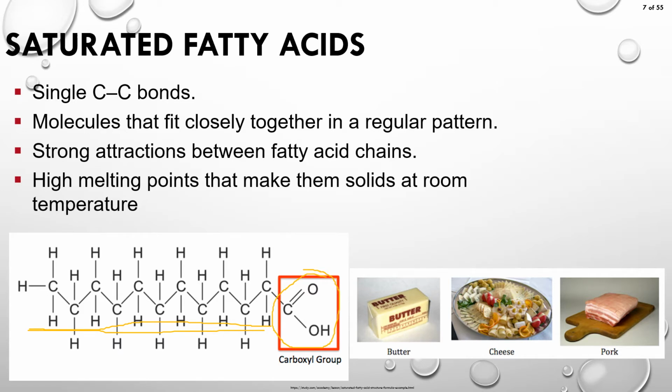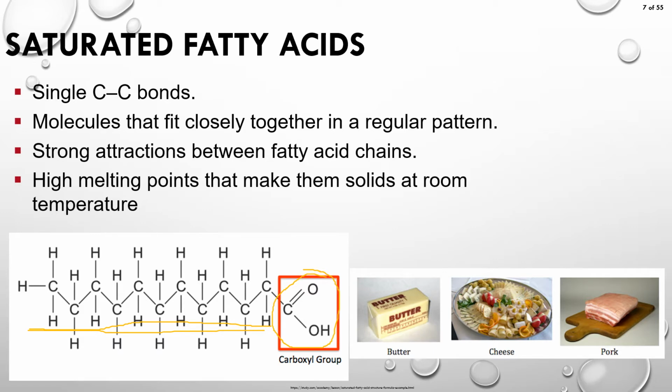We have here some photos of sources of saturated fatty acid, like butter, cheese, pork, and so on. The list is so long, actually. Saturated fatty acids have molecules that fit close in a regular pattern. We will show that later.